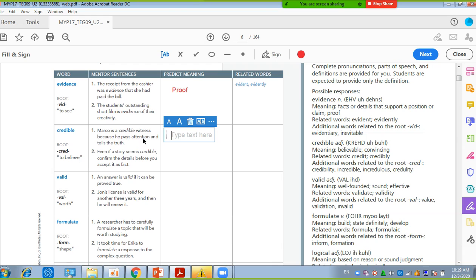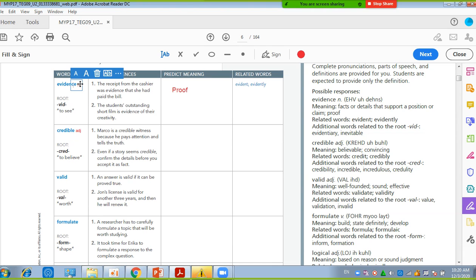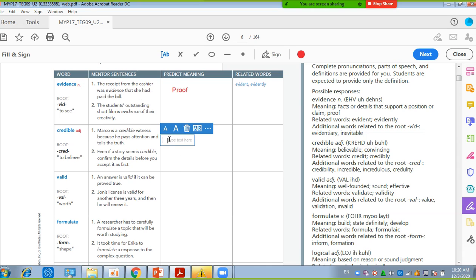So credible is an adjective, and we can write here first that it's an adjective. And here evident is a noun. Okay.